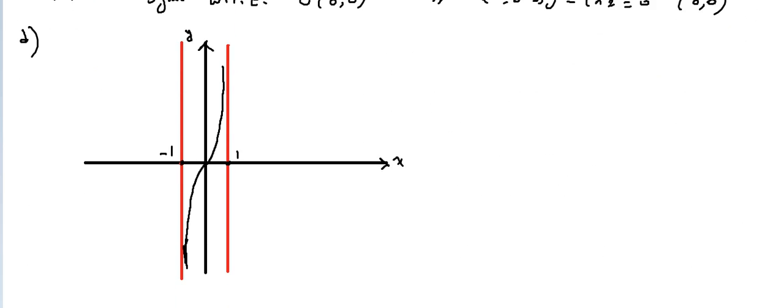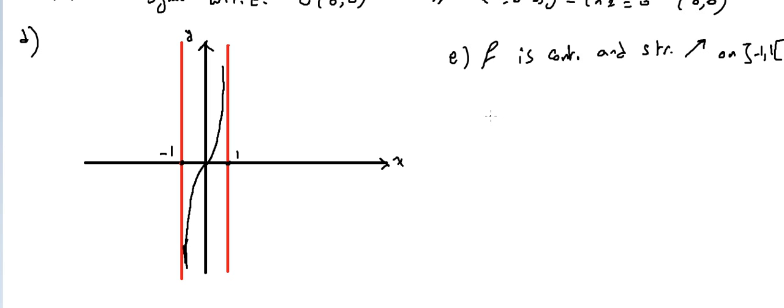To have an inverse function, simply, it should be continuous and strictly monotonic. f is continuous over minus 1, 1, and strictly increasing, we proved that in the previous video, over the domain minus 1, 1. This means yes, f inverse exists. This is the existence of f inverse.